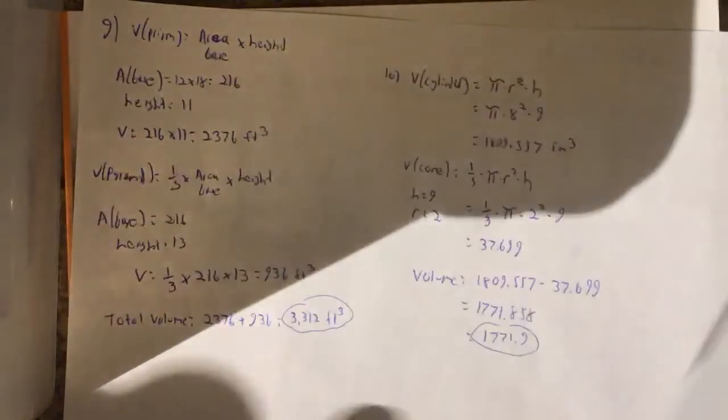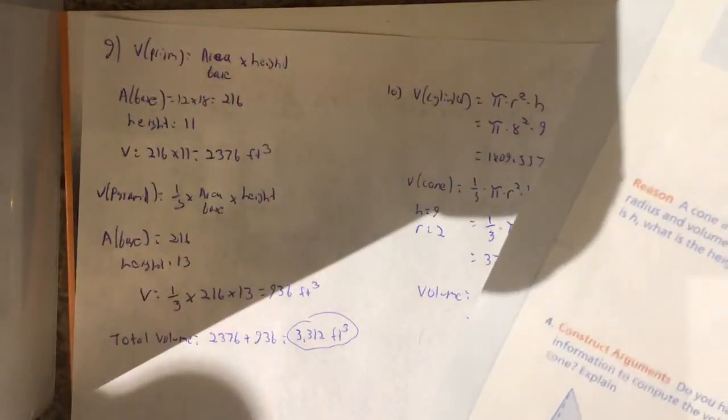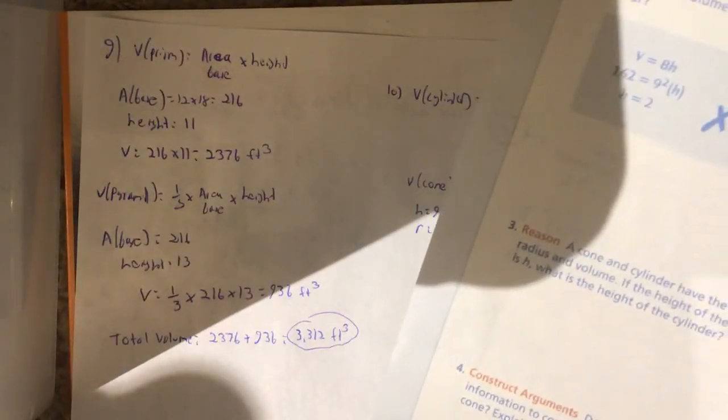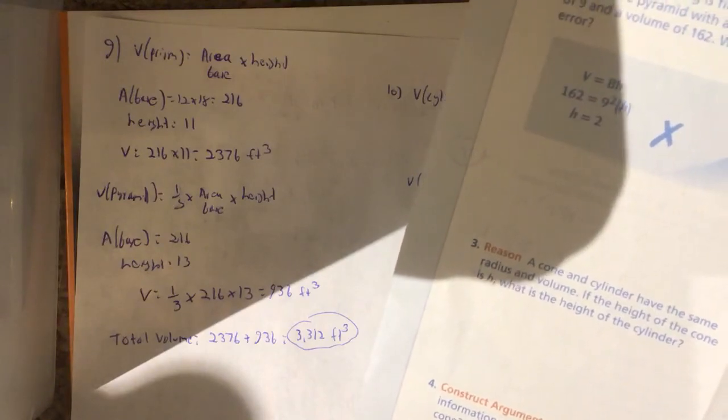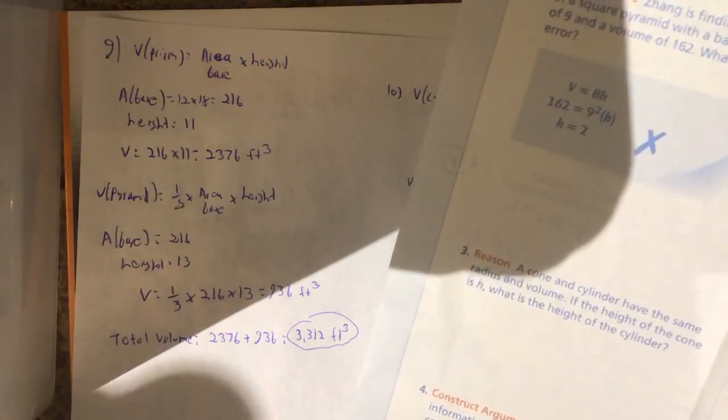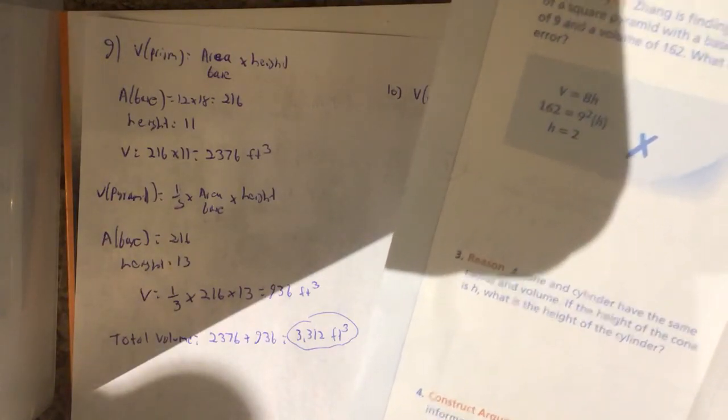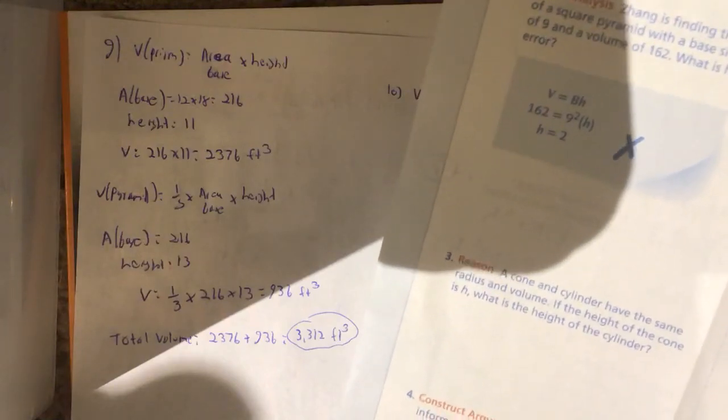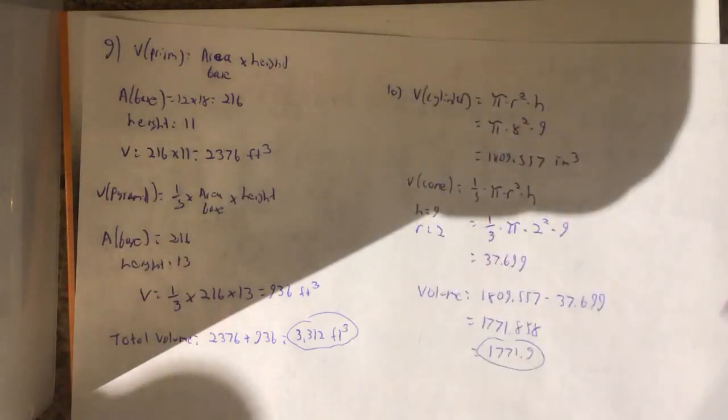And then you saw how to do 3D questions with pyramids and cones. Okay, again, remember it takes three pyramids to fill up a prism with the same height and same base shape area, and three cones to fill up a cylinder with the same base area and height.